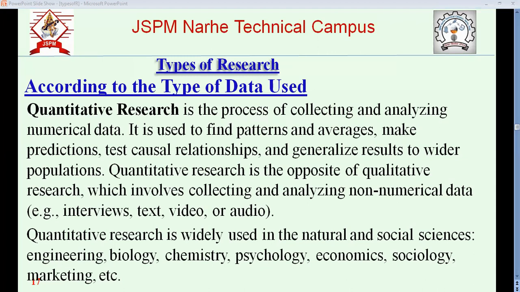So please understand, in both qualitative as well as quantitative research, we need to collect the data and analyze. But the only difference is that mostly in quantitative analysis, we deal with numbers. We deal with what? Numbers.